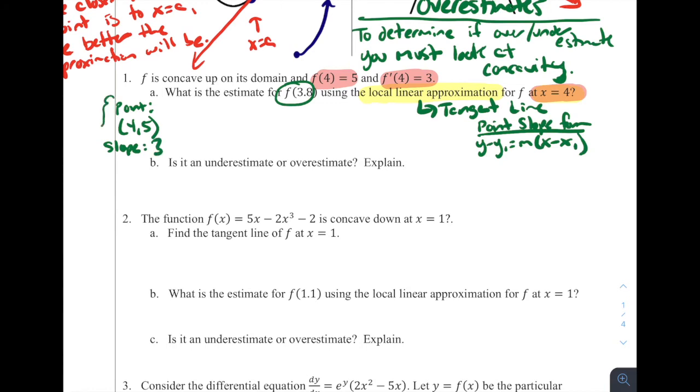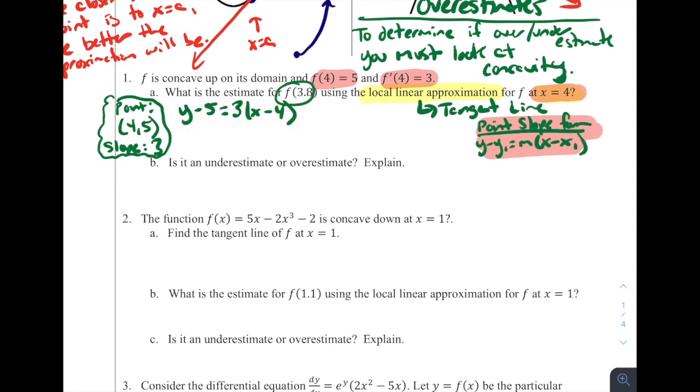Putting this into point-slope form, y minus 5 is equal to 3 times x minus 4. This is the equation of our tangent line in point-slope form.